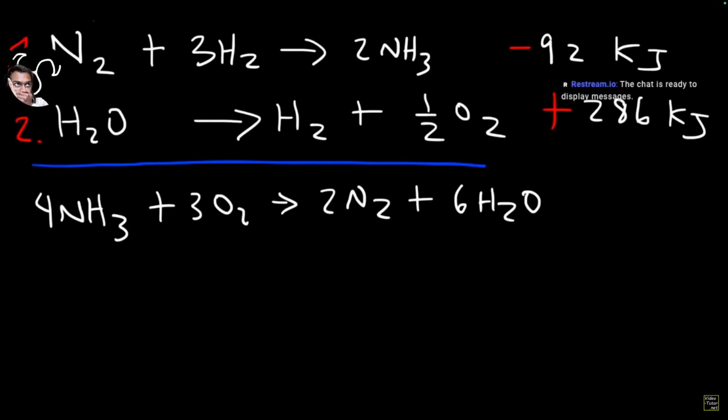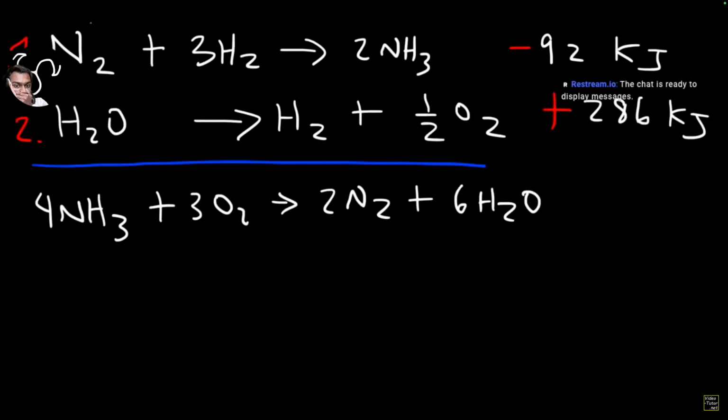For example, nitrogen gas is only found in equation 1, not in equation 2. So you want to focus on N2. Hydrogen gas is found in both of these two equations, so you do not want to focus on H2.